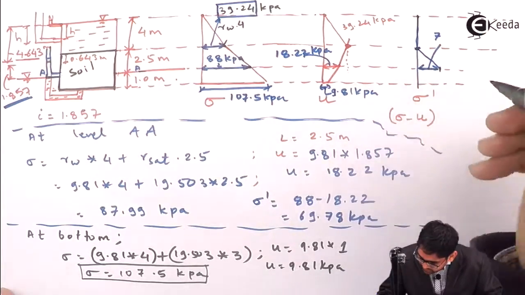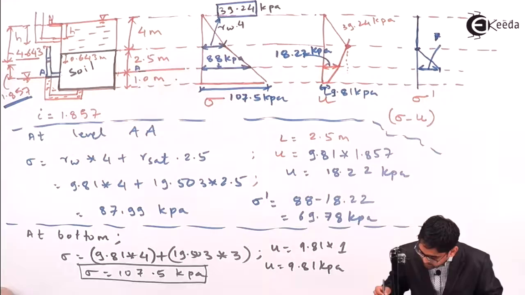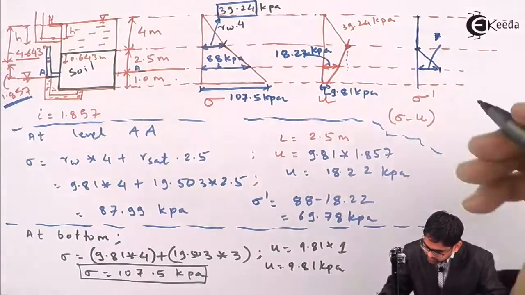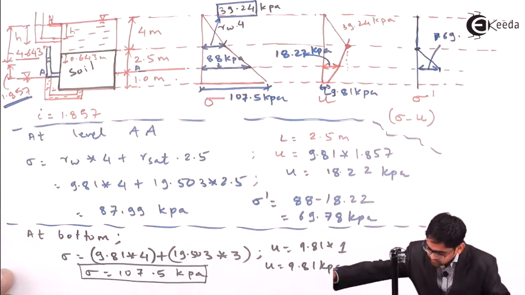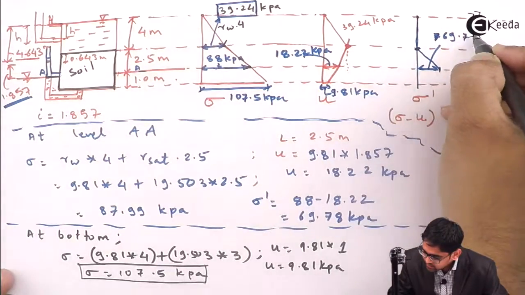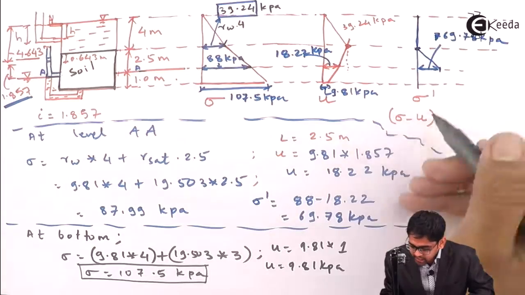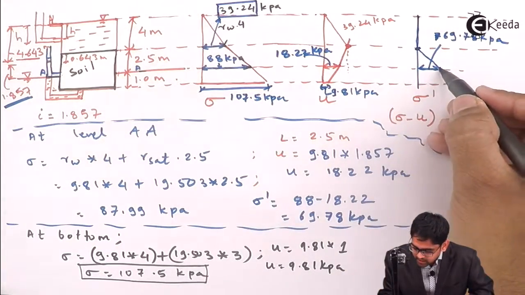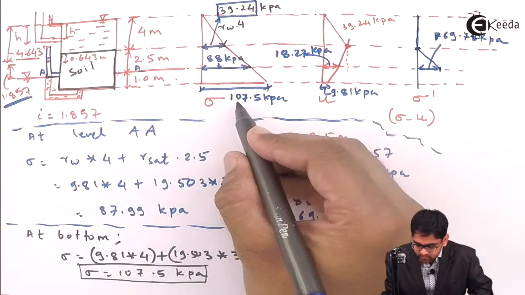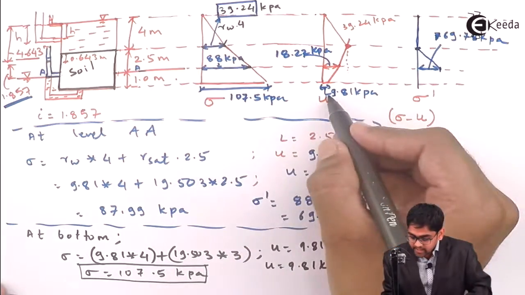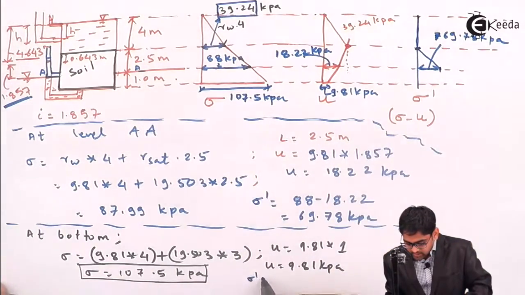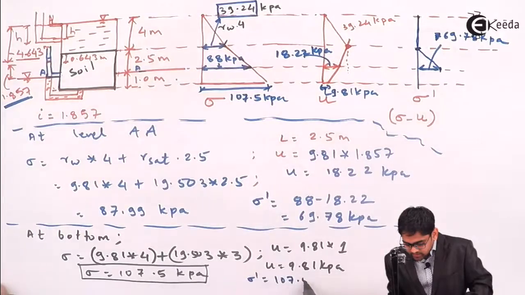So we get this particular value as 69.78 kPa. And at the bottom, sigma dash will be 107.5 minus 9.81.